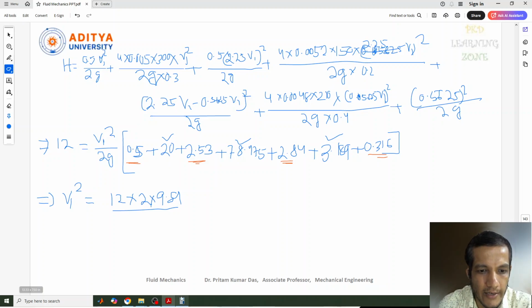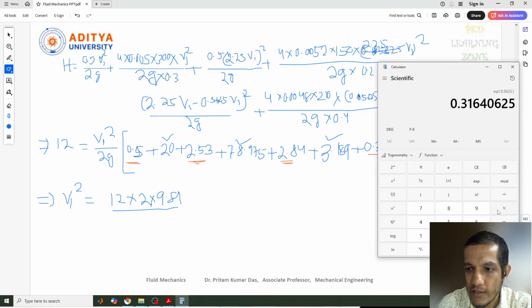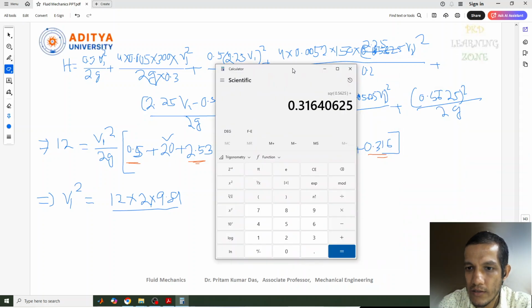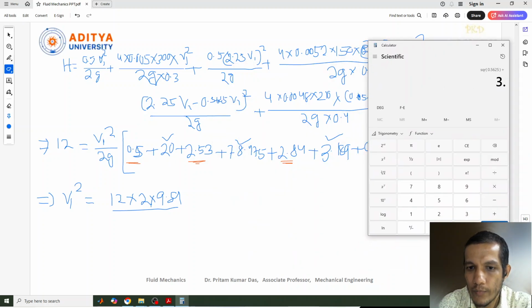Correct. So let's add all the things. So this plus 3.16 plus 3.189 plus 2.84 plus 78.975 plus 2.53 plus 2.53 plus 20.